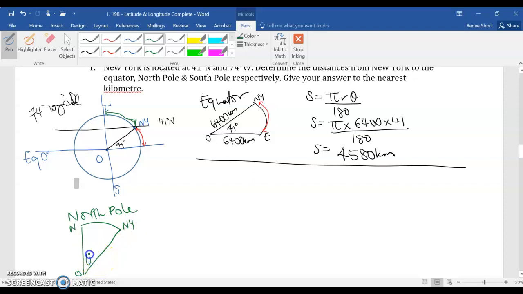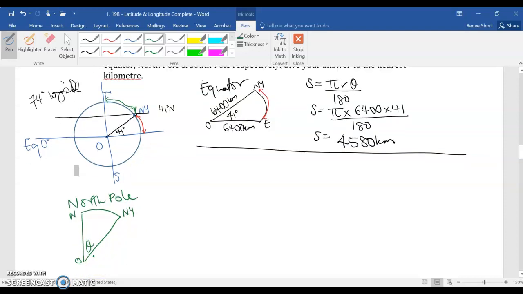And this theta here, we don't know. Remember that fully north is 90 degrees. So this angle theta is going to be equal to 90 minus 41, because this little bit down here is 41 degrees. And so theta is equal to 49 degrees.